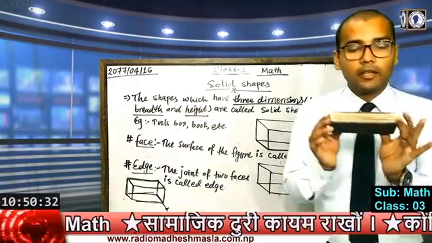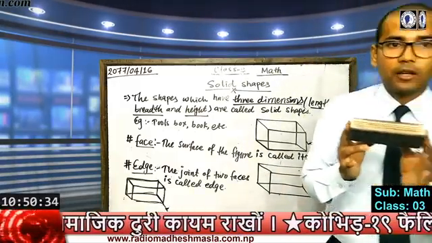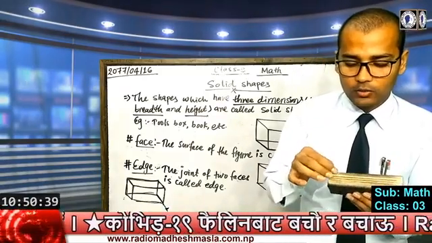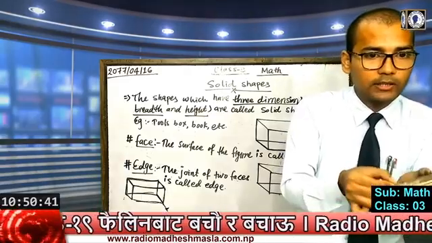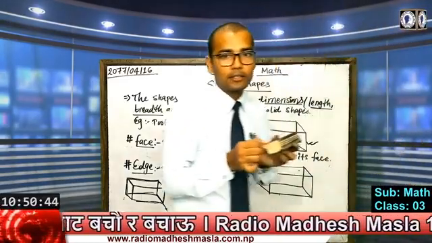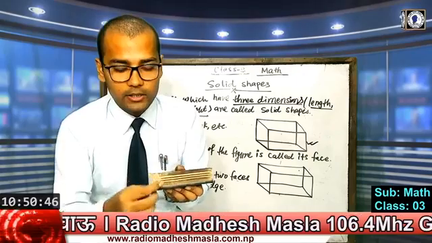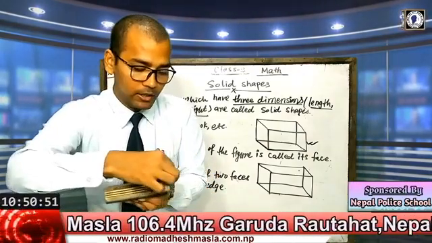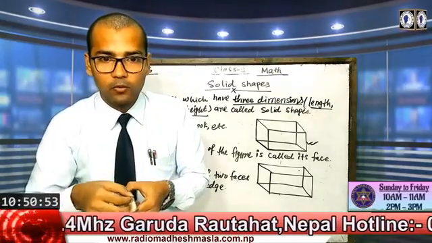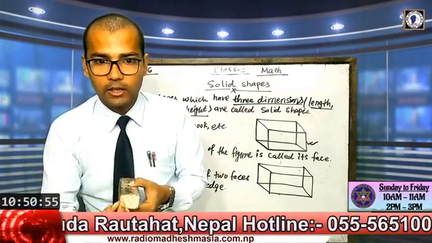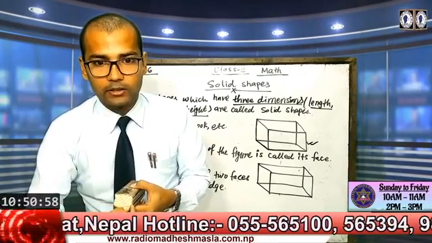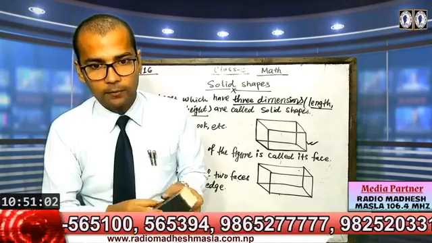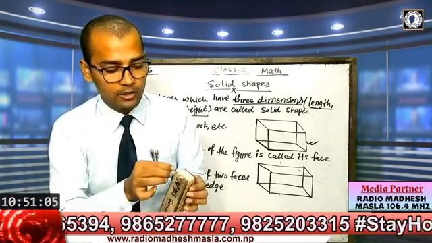It means in a cuboid altogether there are 1 edge, 2 edges, 3, 4, in the same way 5, 6, 7, 8, 9, 10, 11, 12.